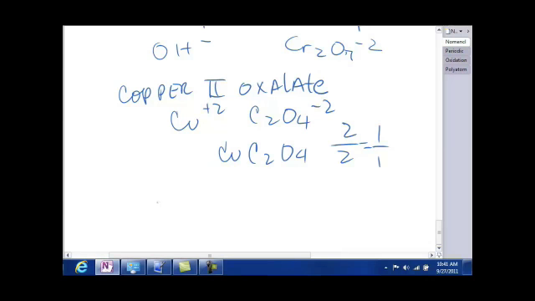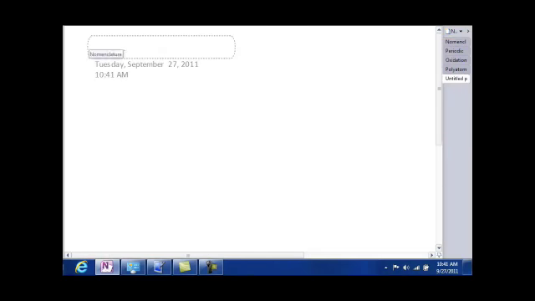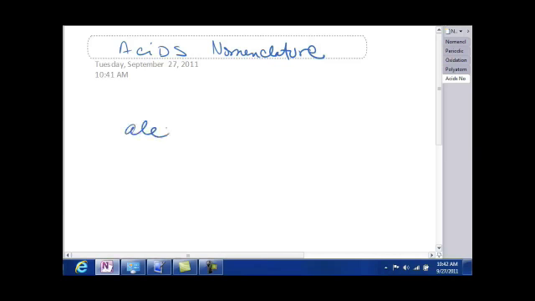So category number 3, new page, acids. Nomenclature. Okay? An ATE polyatomic ion like sulfate.